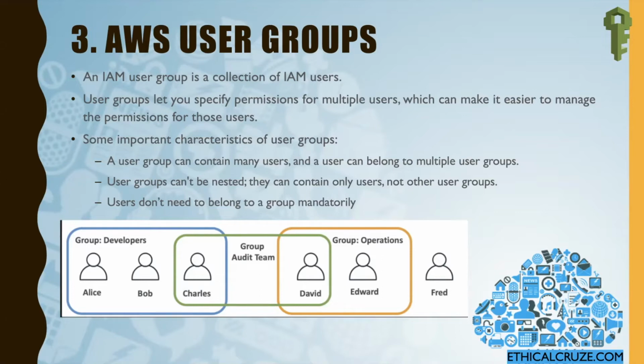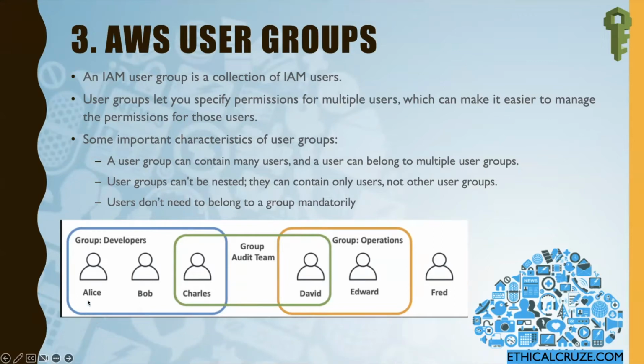So we can give permissions at the user level, or we can create a group of similar types of users, and then provide permissions at the group level. This is what we call a group of users, the IAM user group. A user group is a collection of IAM users, and we can specify permissions for multiple users, which makes it easier.